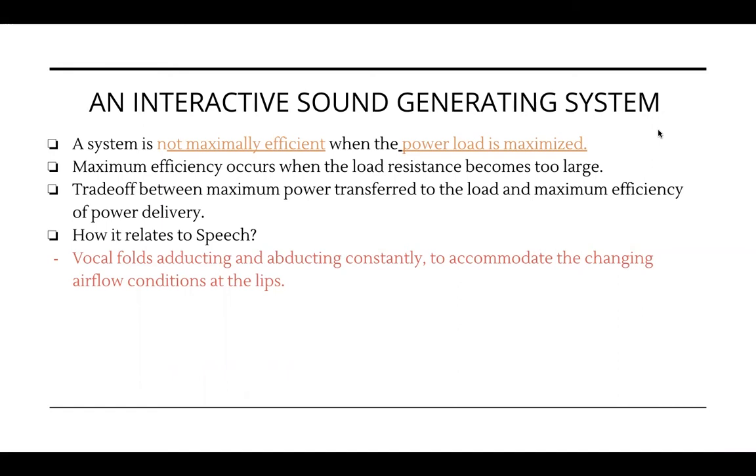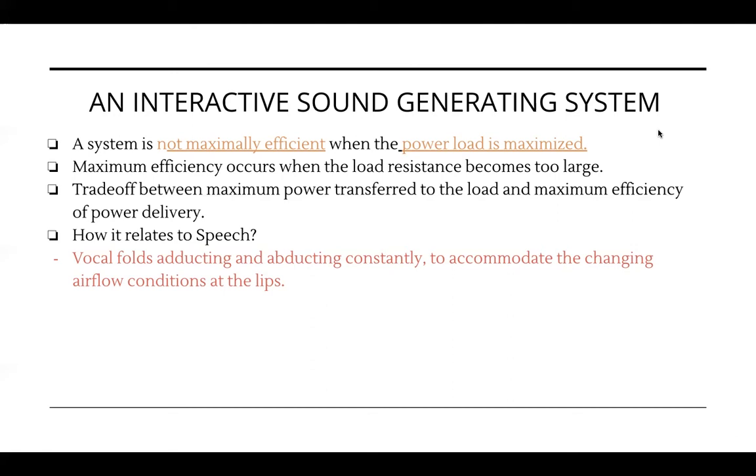Then there's a trade-off between maximum power transfer to the load and maximum efficiency of power delivery. Although both are considered to be a good thing, some choice has to be made regarding it. And in this theorem, you might think, how does this relate to speaking?